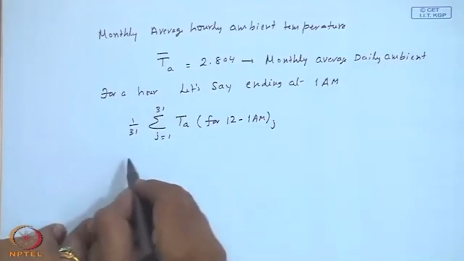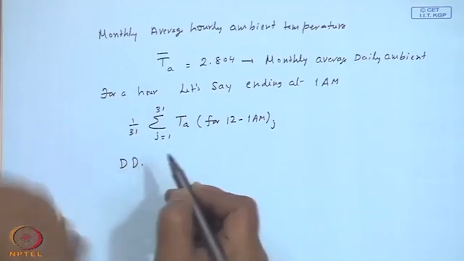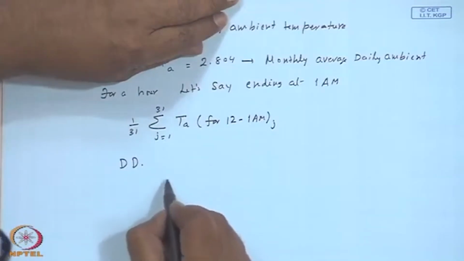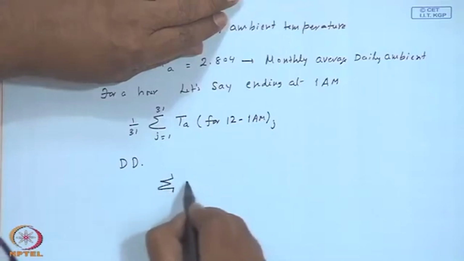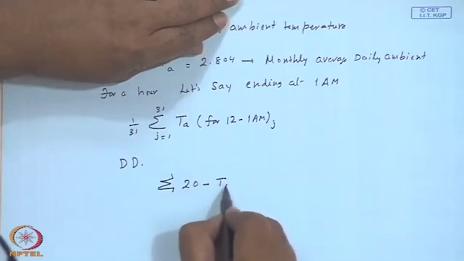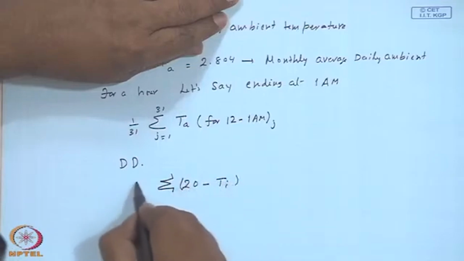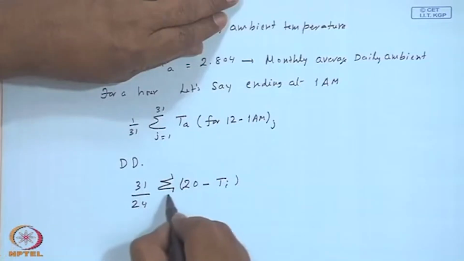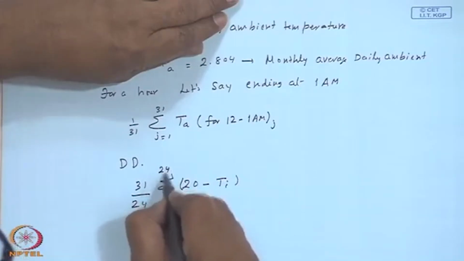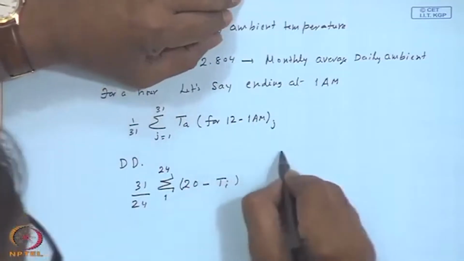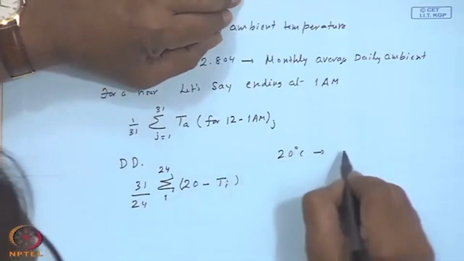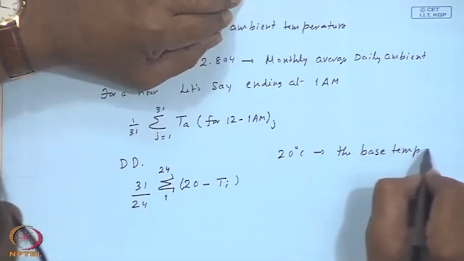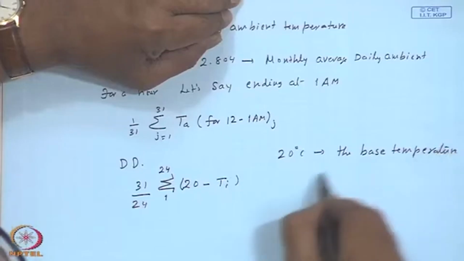Now, how do I compute degree days? First I shall write the formula, it will be easier to understand. That should be summation of (20 minus T I) into 31 by 24, and this is 1 to 24. So, 20 degrees C I assumed as the base temperature, or the comfort condition.